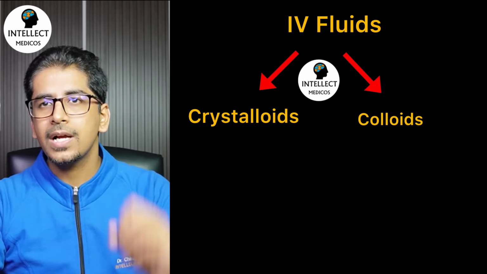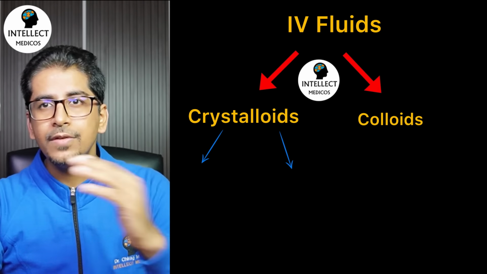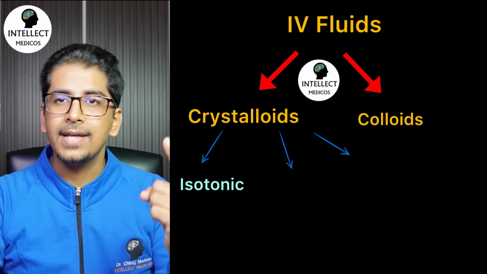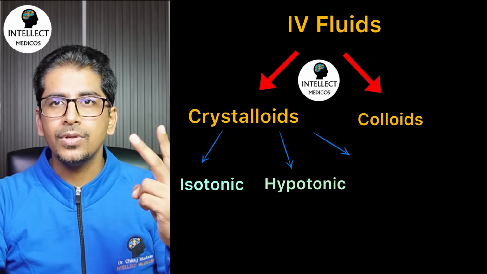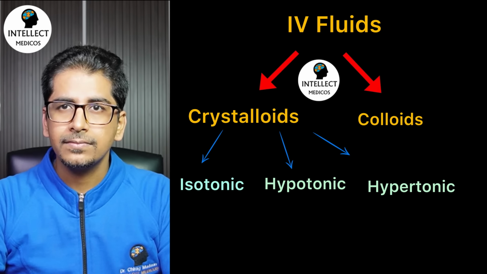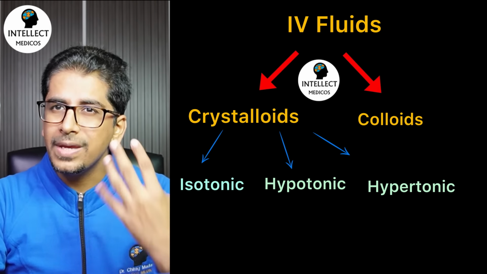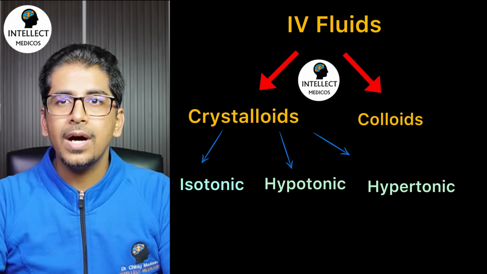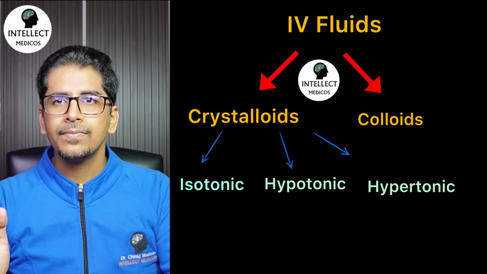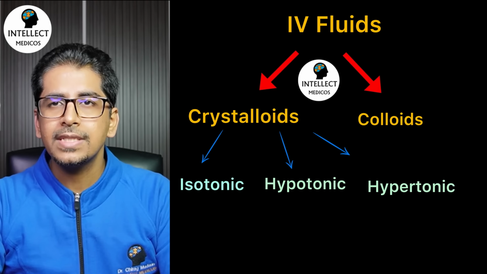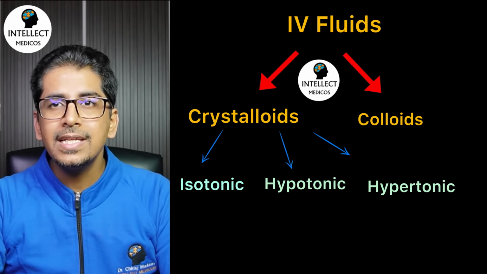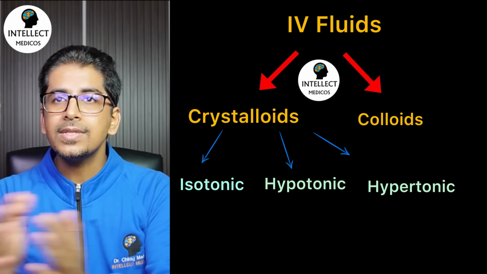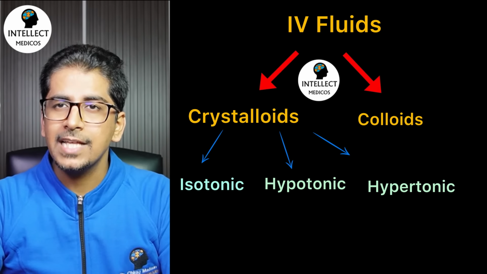Now, crystalloids are further divided into three, depending on the tonicity: isotonic, hypotonic, and hypertonic. What do we mean by isotonic? That means the tonicity relative to our plasma is similar. So if you give isotonic fluids to a patient, obviously that is much better because the tonicity is almost similar to that of our plasma.